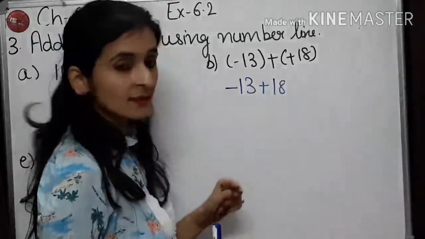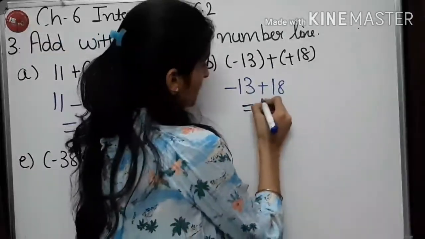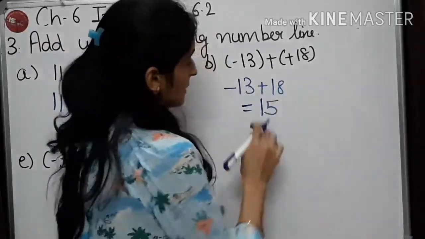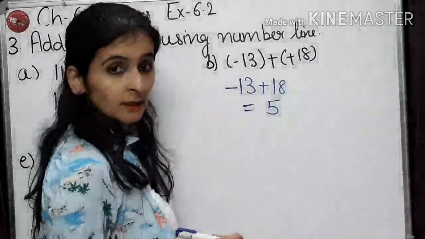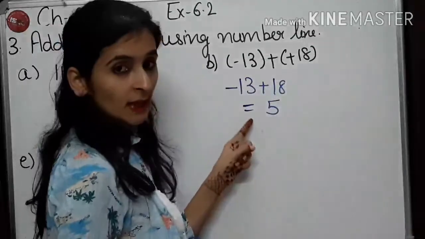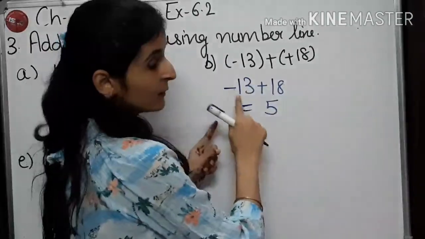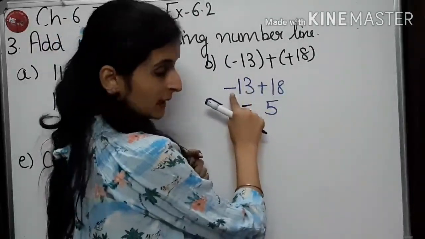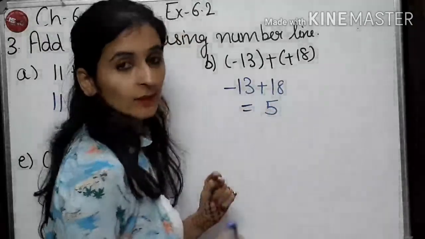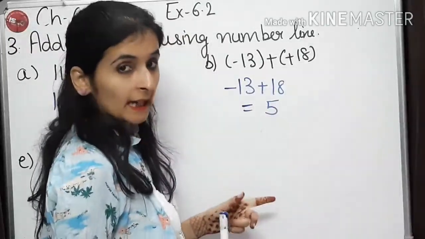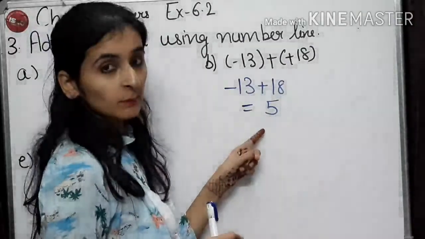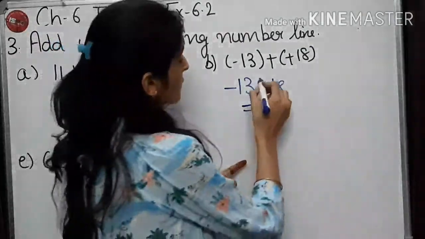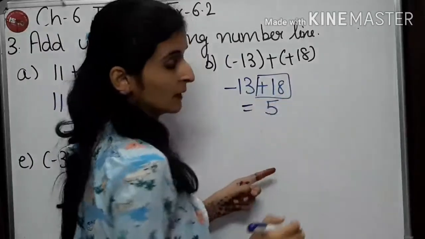So 18 minus 13 is 5. Okay. So what we have to remember here, whenever we have one negative sign and one positive sign, then we will subtract, and the sign in front of integer will be the sign which is with the greater number.